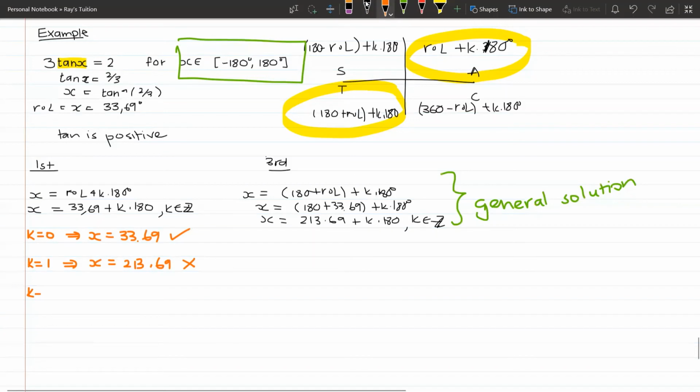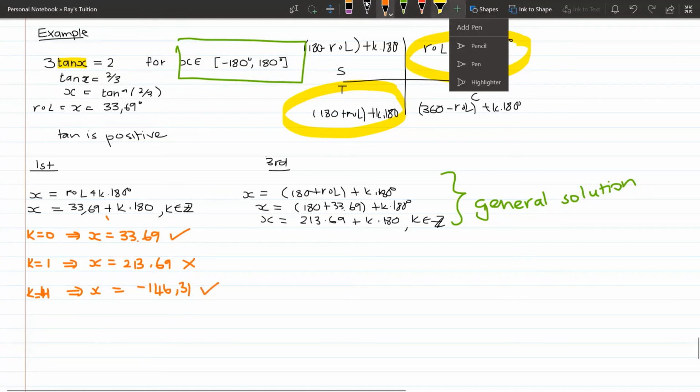And then I'll try k is equal to minus 1. Then we get x is equal to 33.69 minus 180, because now we have minus 1, which is minus 146.31, which actually does lie in this interval.